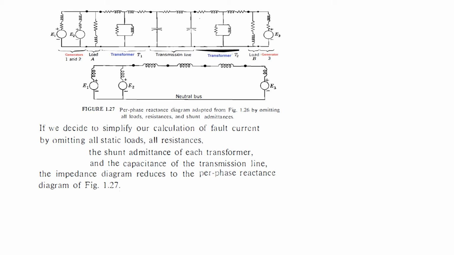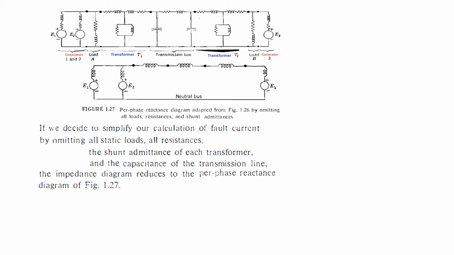Now if we decide to simplify our calculation for fault current by omitting all static loads, all resistances, the shunt admittance of each transformer and the capacitance of the transmission line, the impedance diagram reduces to the per phase reactance diagram as shown here.